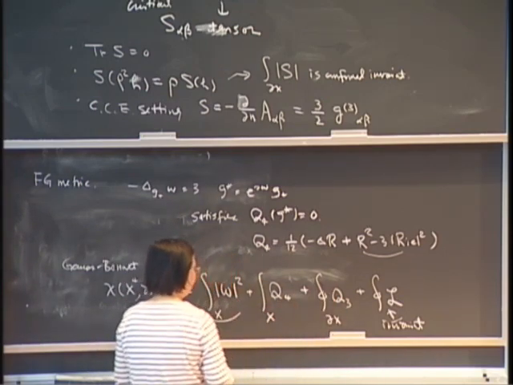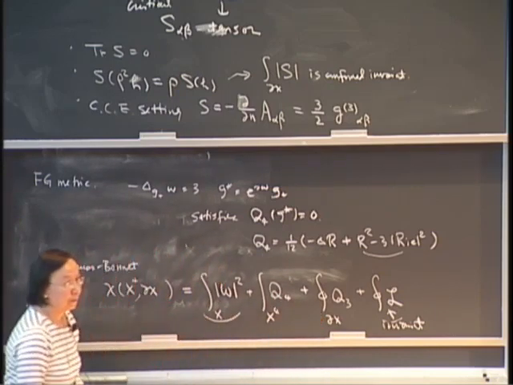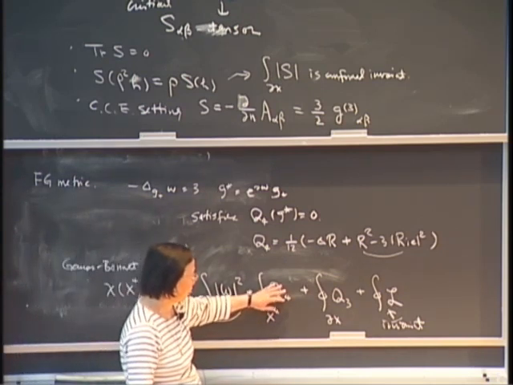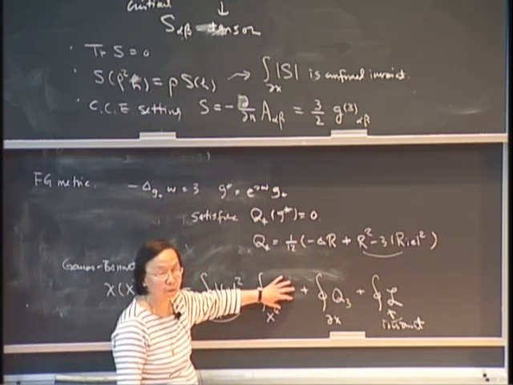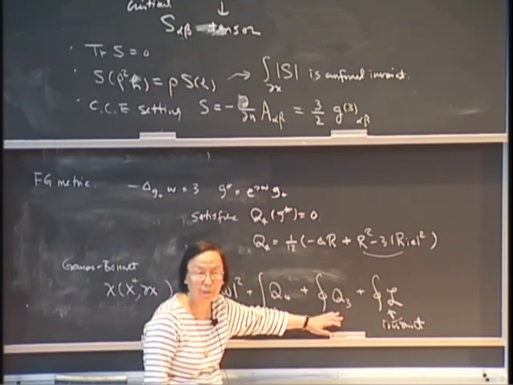So the Fefferman-Graham metric has the advantage of pushing Q4 to 0 and concentrating the behavior all on the boundary. That's what we want to get hold of.